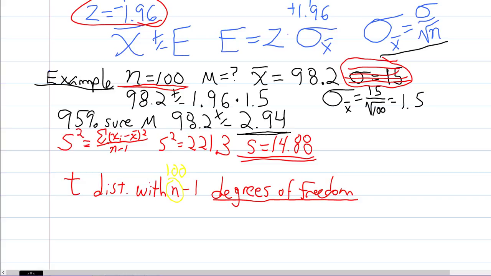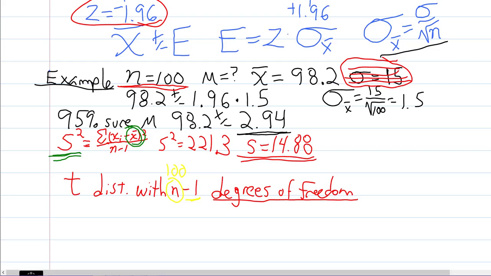Anytime you calculate something from that data before you calculate the standard deviation, you have to subtract that off. What am I talking about here? How did we calculate the standard deviation? Well, we had to calculate the sample variance. But before that, we had to calculate the sample mean, so that uses up some of the data in a way.